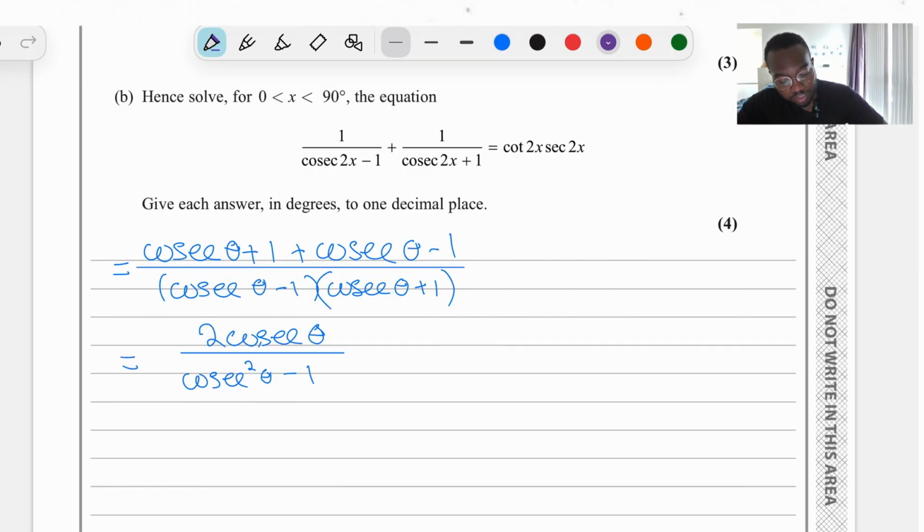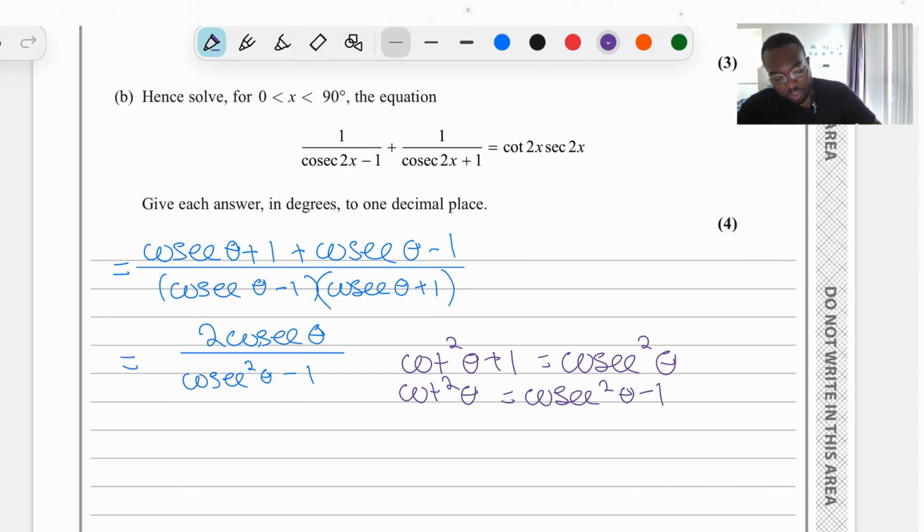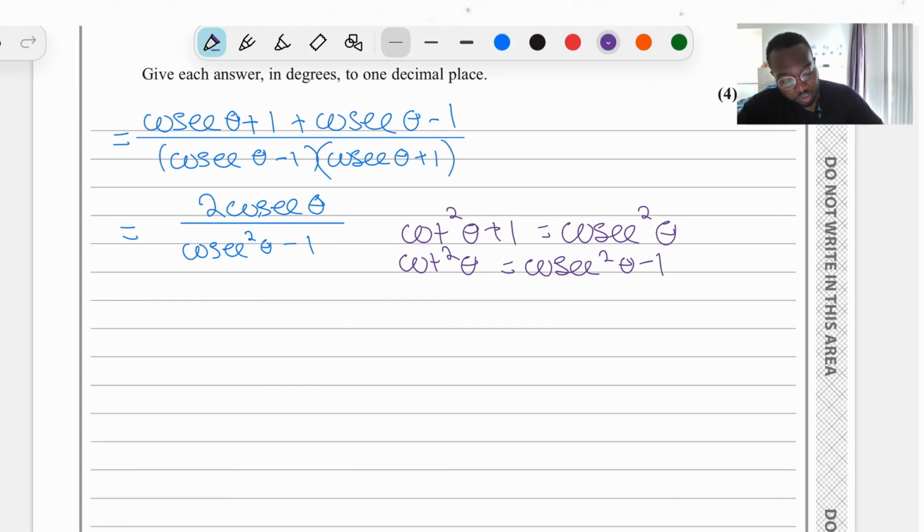Well, using trig identities, we know that cot squared theta plus 1 is equal to cosec squared theta. So if we rearrange this, cot squared theta is equal to cosec squared theta minus 1. So we can change the denominator, and we get 2 cosec theta over cot squared theta.